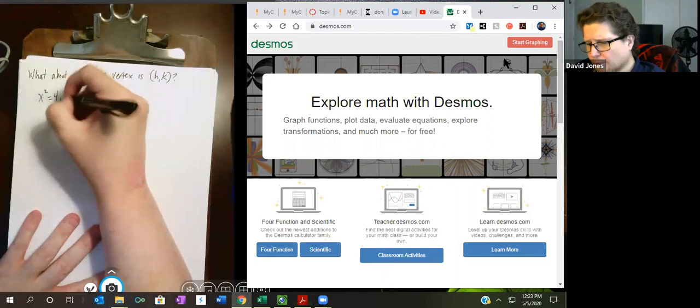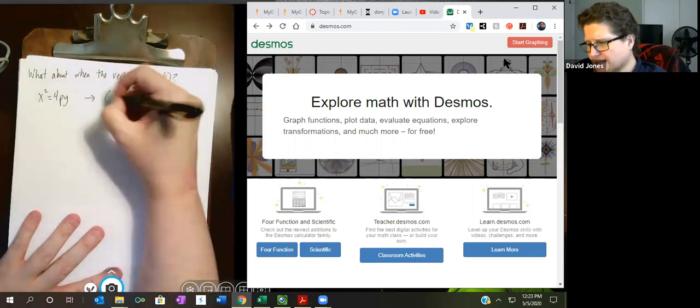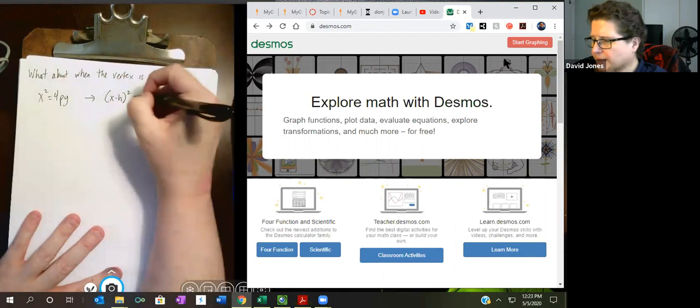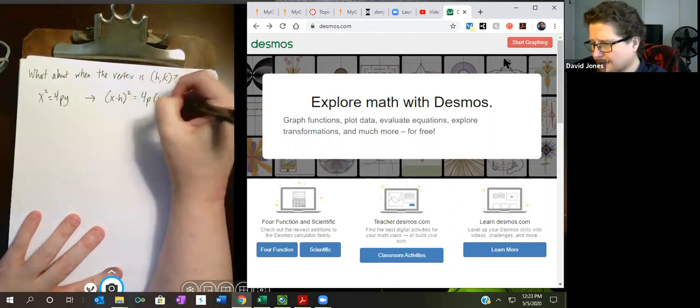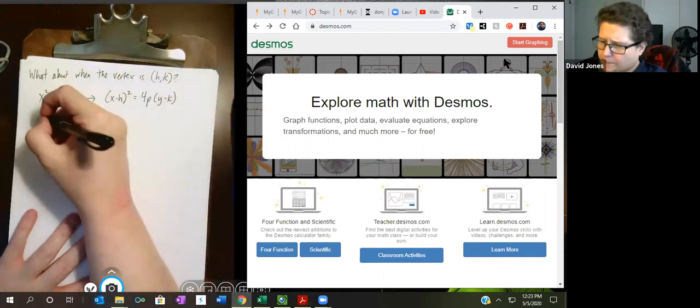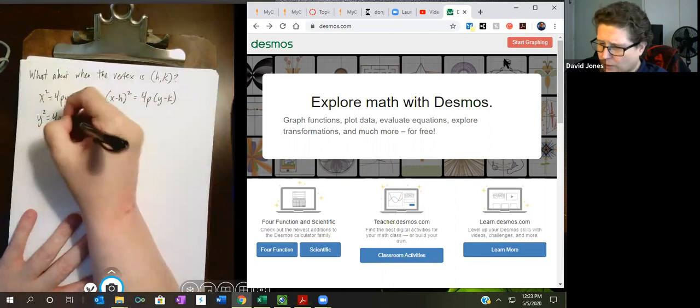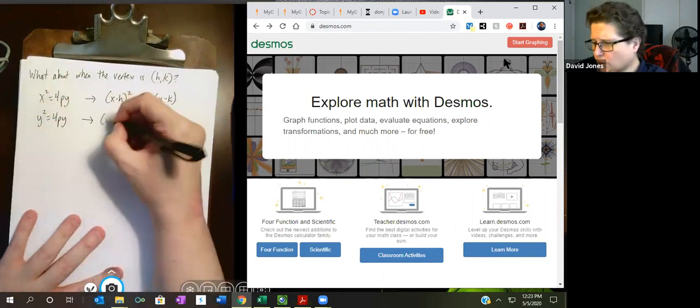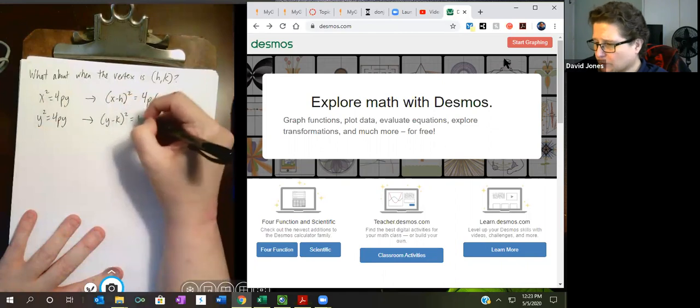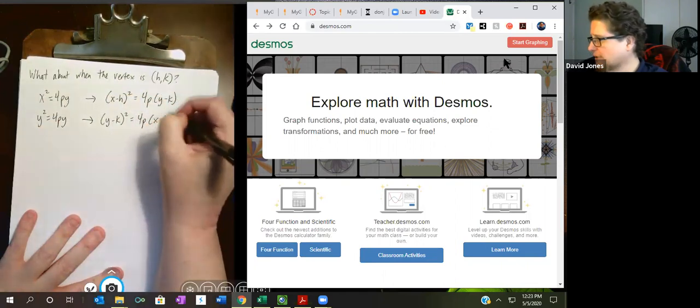(x-squared equation) x² equals 4py changes to (x − h)² equals 4p(y − k). y² equals 4px changes into (y − k)² equals 4p(x − h).